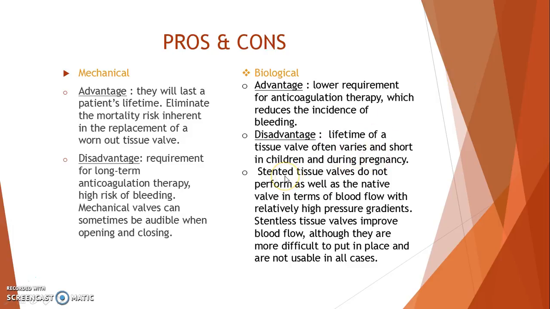Next, stented tissue valves do not perform as well as the native valve in terms of blood flow, with a relatively high pressure gradient. And the last one is that stentless tissue valves improve blood flow. However, they are more difficult to put in place and are not usable in all cases.